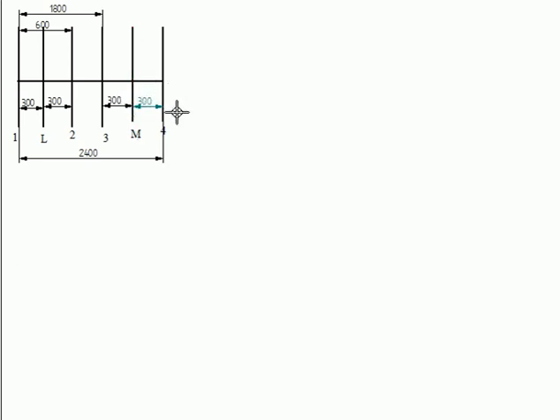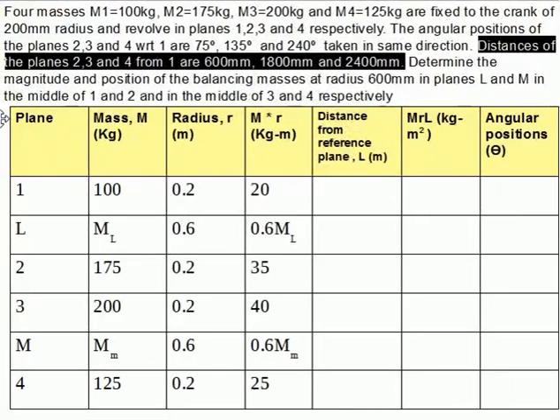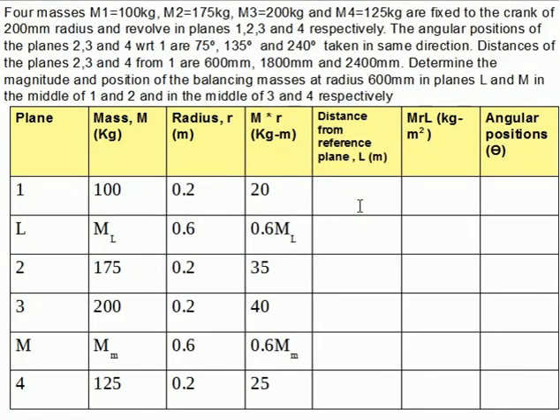After this, we'll go back to the table. In this table, we'll fill the fifth column now. In the fifth column, I need to enter the distance from the reference plane. While filling this table, it is very important to choose the right reference plane. Remember, while selecting a reference plane, you have to select a plane in which the mass is unknown.